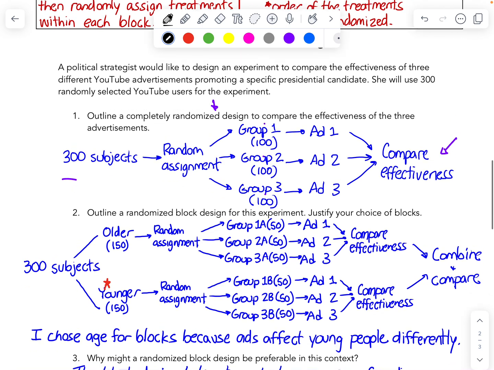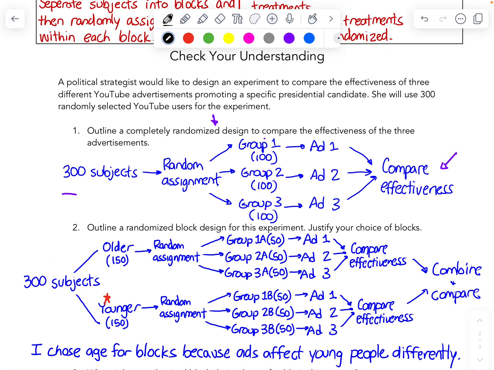Now, for this process, we're going to be asked to just describe it in this step-by-step fashion. So looking at just seeing our understanding, we have YouTube advertisements promoting a specific presidential candidate. We're going to select 300.